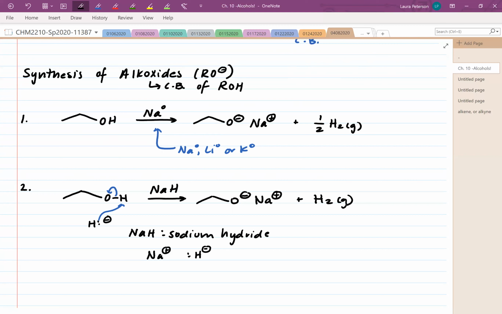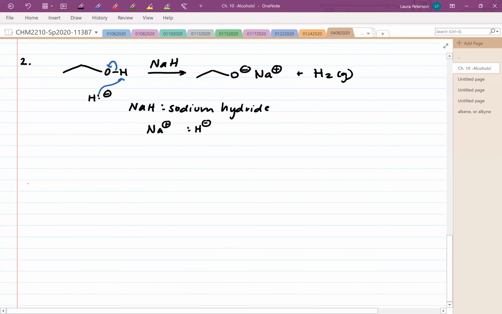Okay, so let's think about how we might use this type of reaction in context. Let's imagine we wanted to prepare an ether. Let's just say we started with this alcohol, and through synthesis, we wanted to make this ether. Well, we really have two options, right?